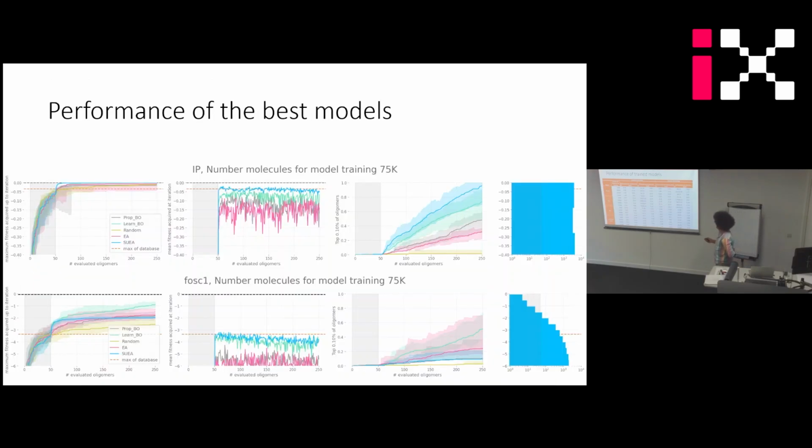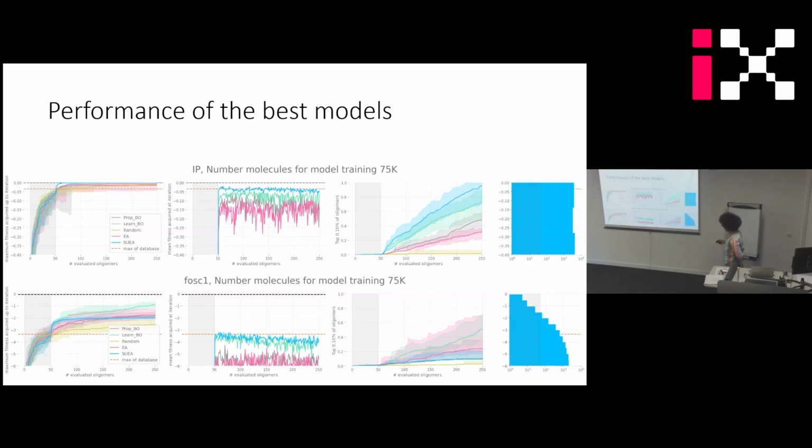So this is, again, just the performance, but I wanted to finish up by saying that once you use the learned representation, you get quite a big improvement over the evolutionary algorithm in terms of how well the search algorithm works. If we just look at the green one, the learned BO is much better than the EA.